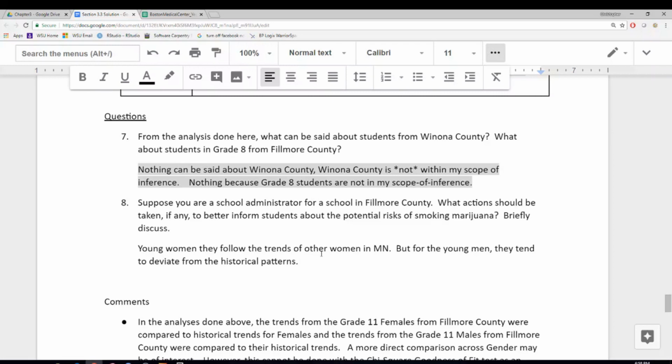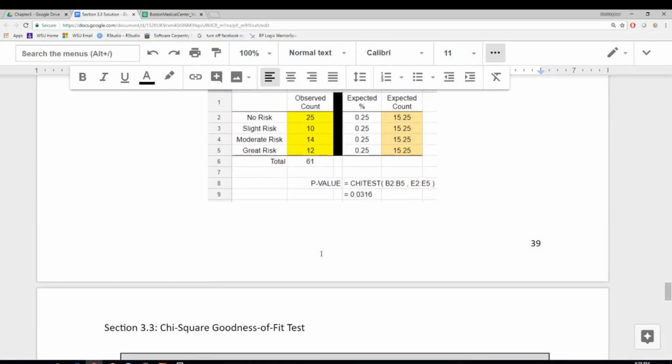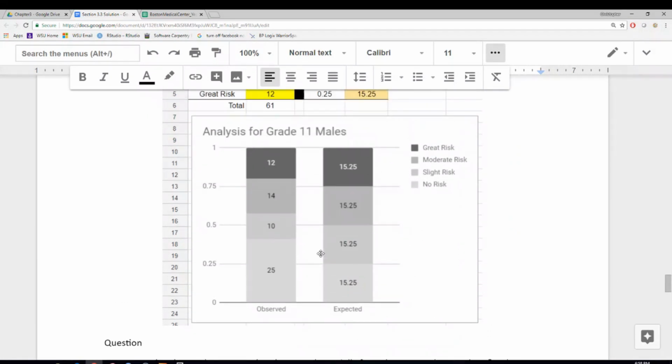In particular, if we go back up and look at this a minute, they tend to deviate in the wrong way. I have way too many grade 11 males that think smoking weed is of no risk compared to what there should have been. I saw 25, I should have only seen 15. Or if you look at the other end, the great risk, I have too few. Granted, on the upper end, it isn't that much too few, but it is too few.